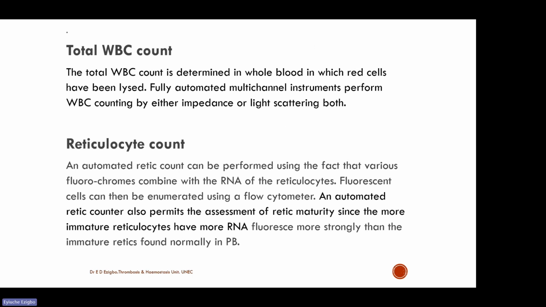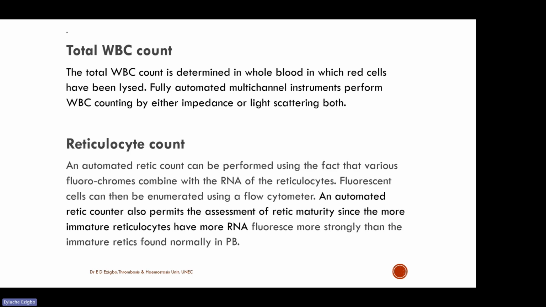Okay. So for these automated hematology analyzers to count the retics, the immature red blood cells, an automated retic count can be performed using the fact that various fluorochromes combine with RNA. The retics have some RNA in them, unlike the mature red blood cell, which does not have RNA. So some fluorochrome combines with the RNA of the retics.